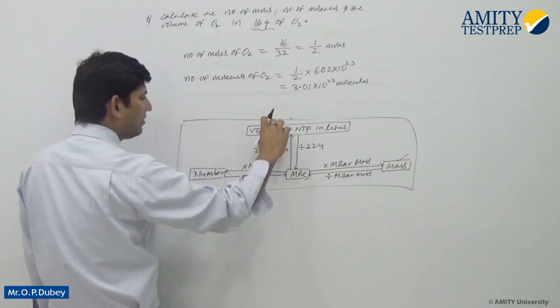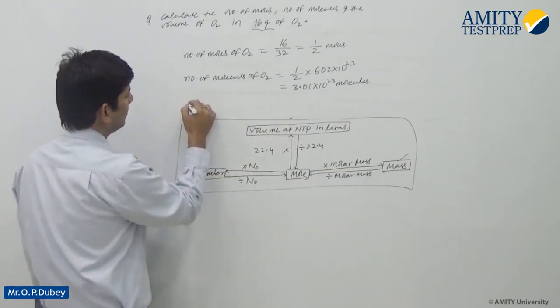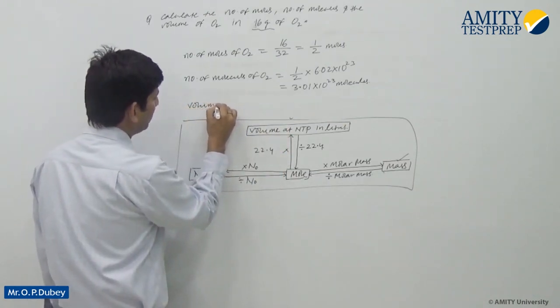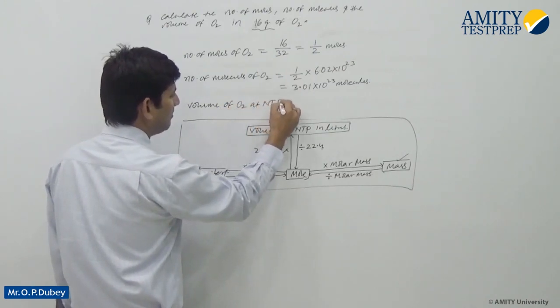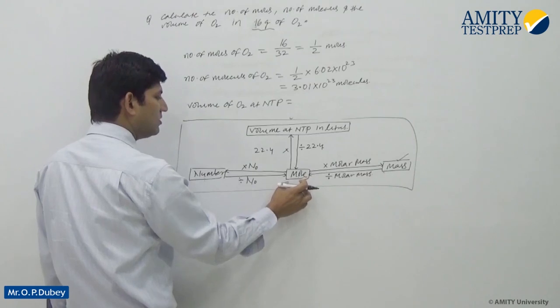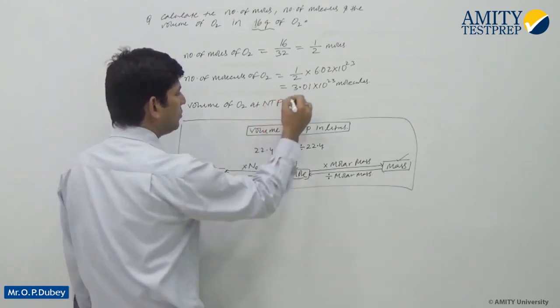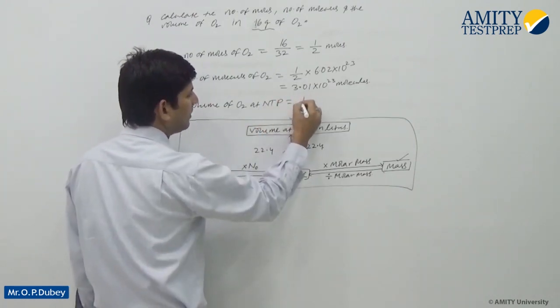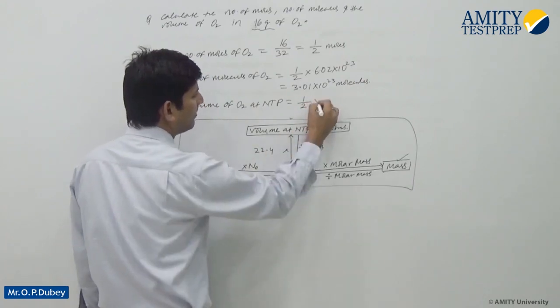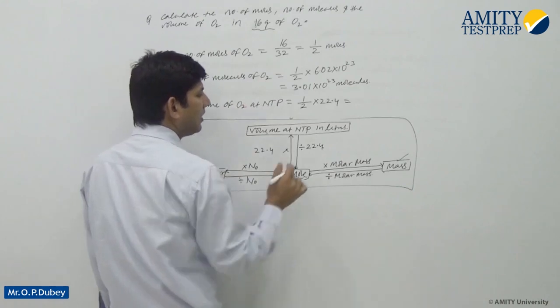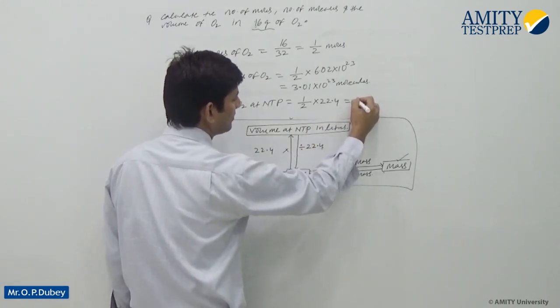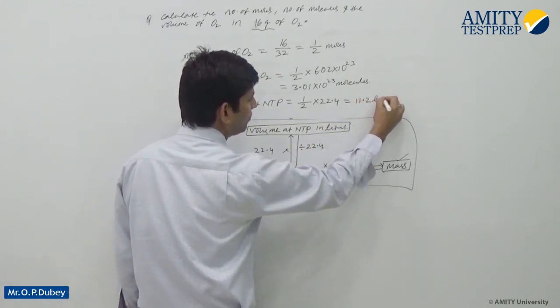And we can also calculate the volume of oxygen at NTP. The volume of oxygen at NTP is given number of moles multiplied by 22.4, and the moles is given 1 by 2 multiply the 22.4. The volume of 16 gram of oxygen at NTP is 11.2 liters.